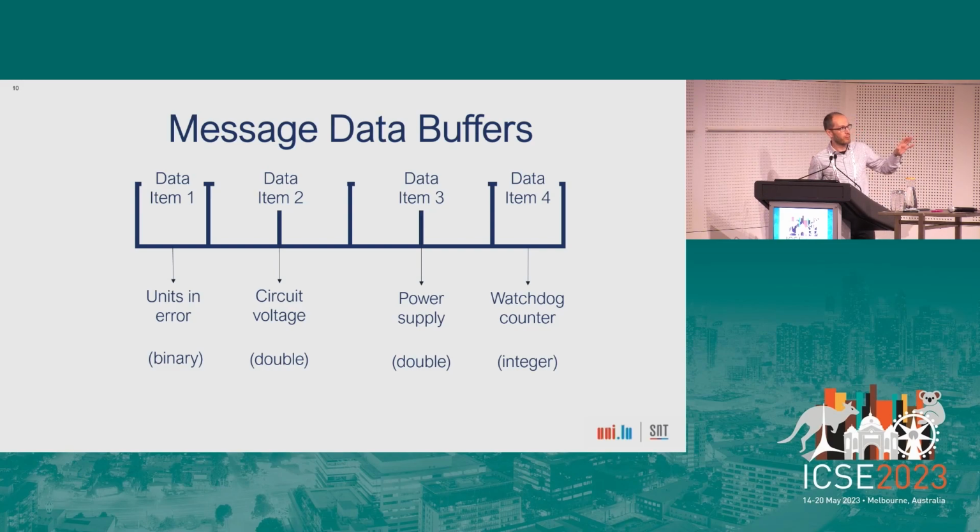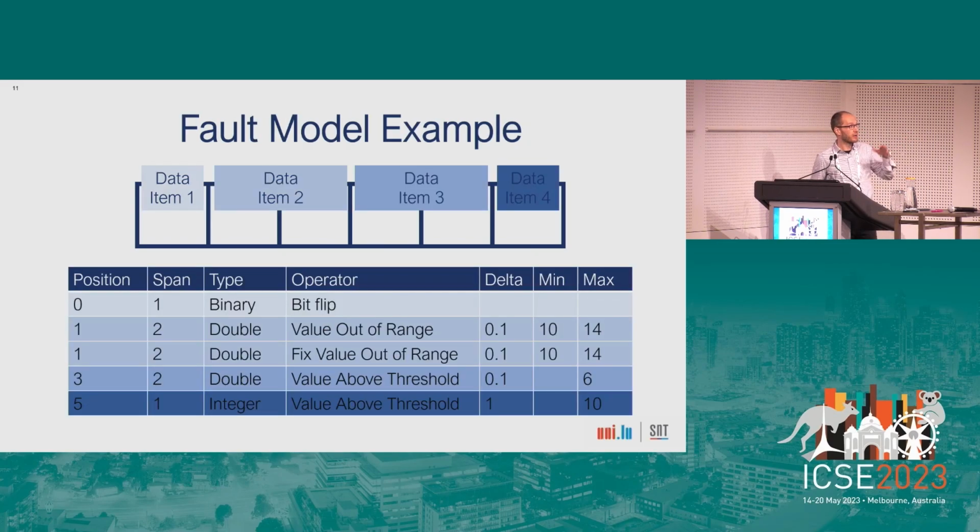So all this information is captured in our tabular fault model, where in each row we identify how to mutate a data item. We indicate the position of the item, the length of the item, the representation type, and we provide the mutation operator.